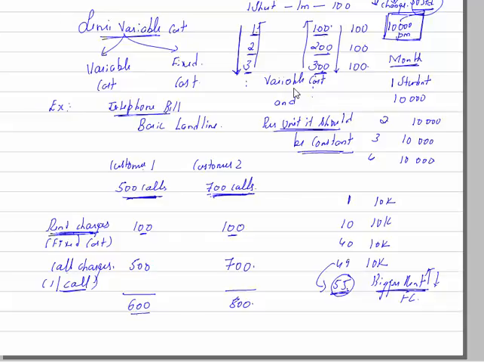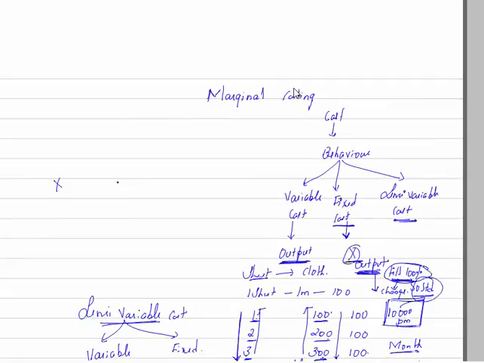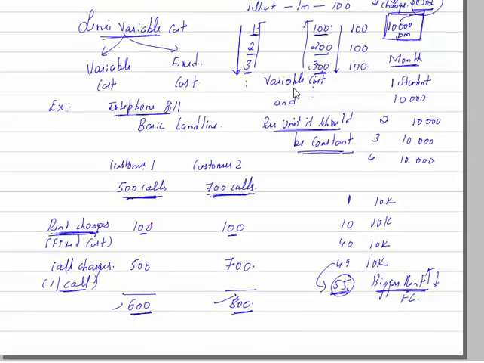Now if you observe, whatever cost we have got, 600 rupees, 800 rupees, it is not a variable cost, it is not a fixed cost, it is a semi-variable cost. Why? Because in this 600 rupees, some part is fixed in nature and some part is variable in nature, which is going to change according to the number of calls made.